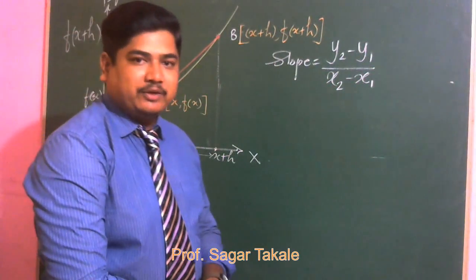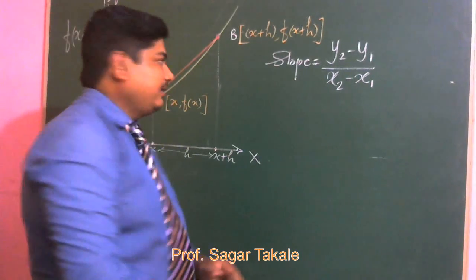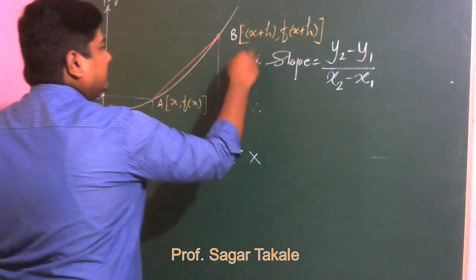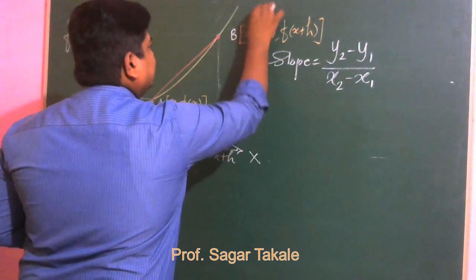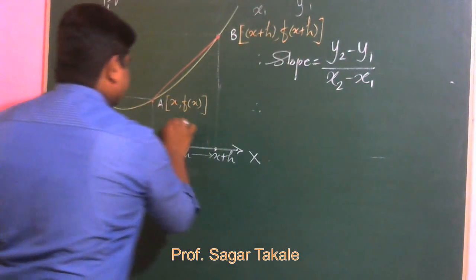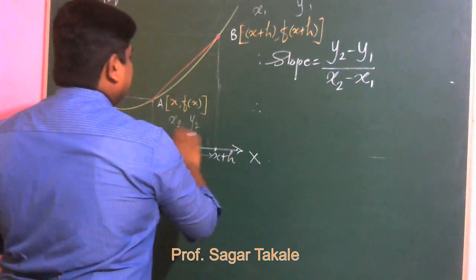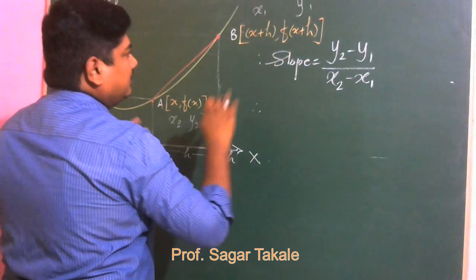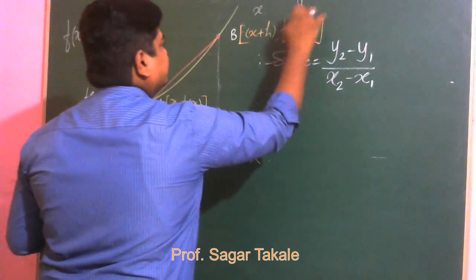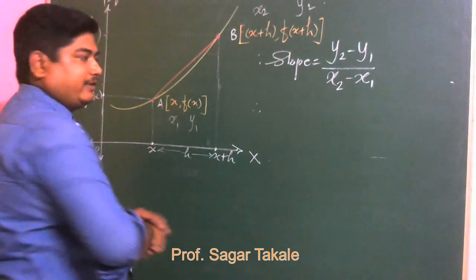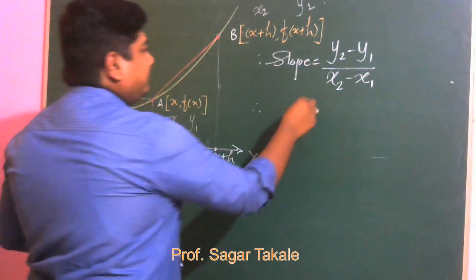I'll consider this one as x1 and y1, and this as x2 and y2. Sorry, no issues, let me take this as x2, y2 and x1, y1. Okay, substitute those values.